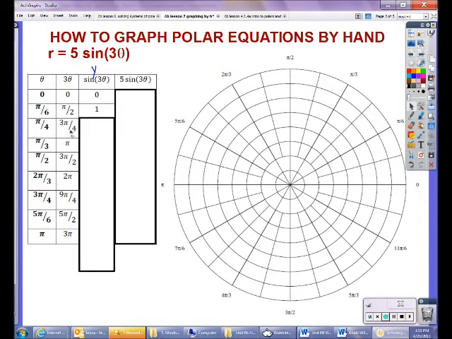For 3 pi over 4, here's pi over 4. Your 45-degree angles are right in between your 30 and 60, in case you've forgotten that.